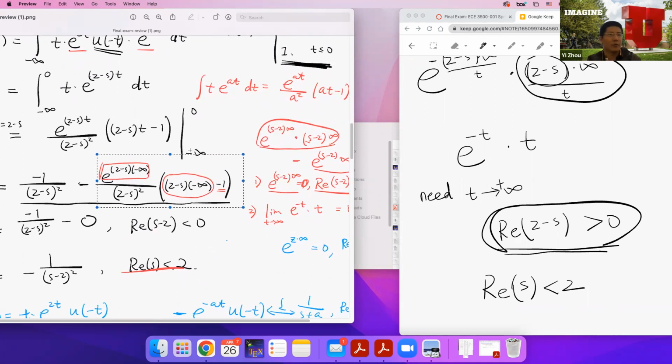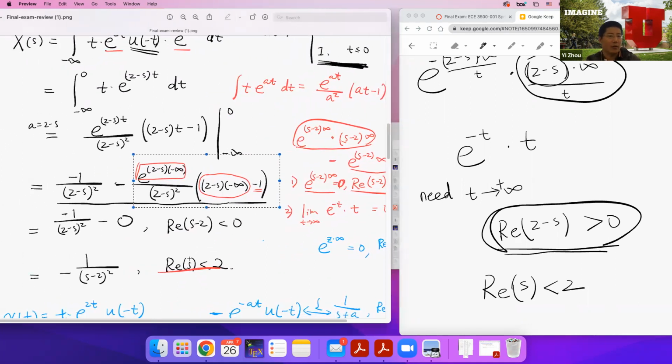The conclusion is that within this ROC, the Laplace transform equals this one. You simplify this a little bit, and this is the final Laplace transform and the final region of convergence.